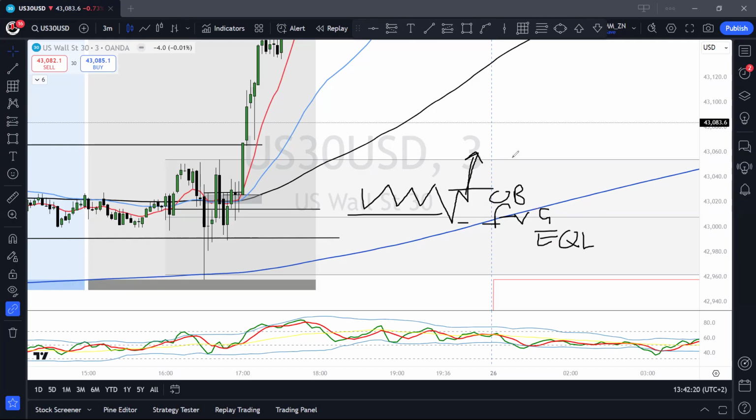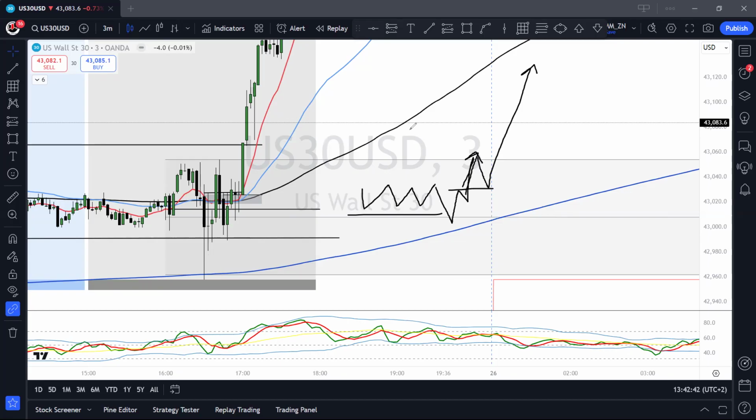Sometimes they hit equal lows, then the price will continue on its merry way. So those are the things I'll be looking for. Price should give me something like this: they push up, market structure shift, retrace, then I enter the trade, then it will move. If I put 1 to 3 or 100 points, if I'm trading indices, that will still be perfect.